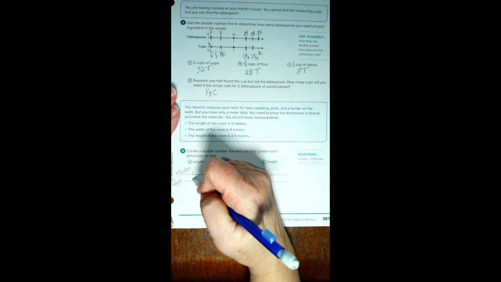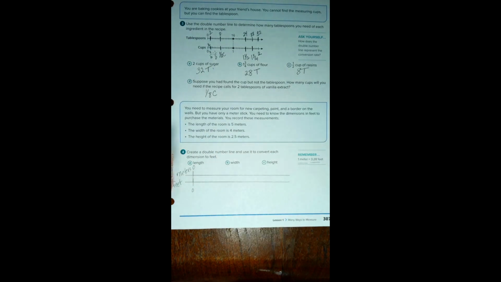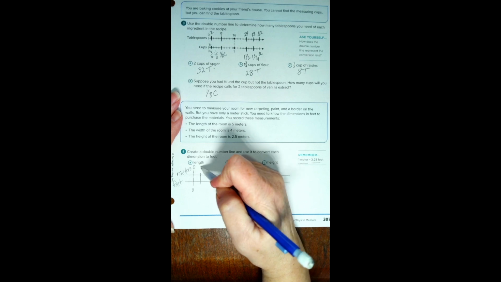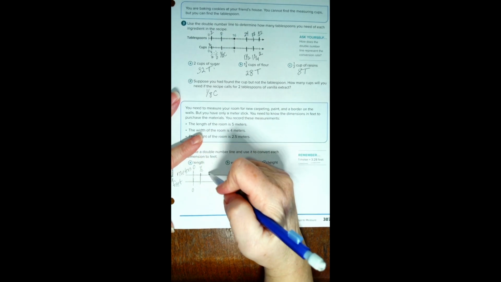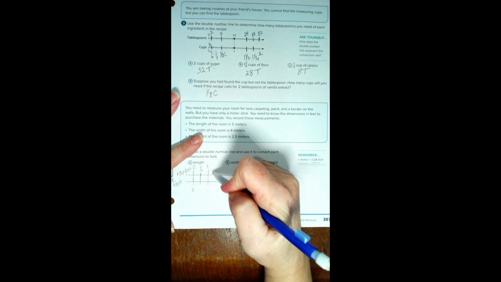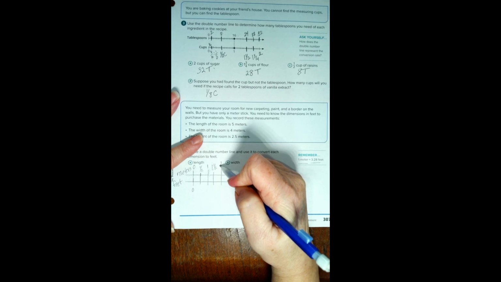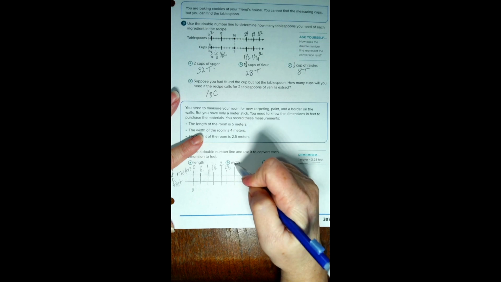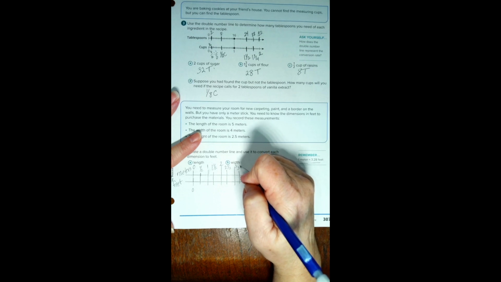So we'll just start here. We'll say 0 meters is 0 feet. Okay. We are going to space this out then. I'll say this is 1/2 of a meter. Move it over a little bit. And then we'll do 1 whole meter, 1 1/2, 2, 2 1/2, 3, 3 1/2.